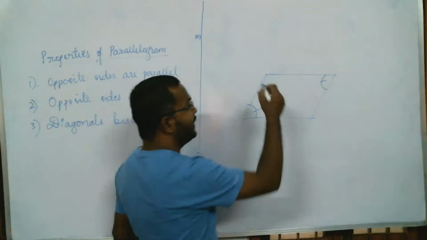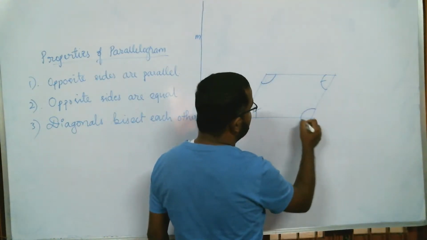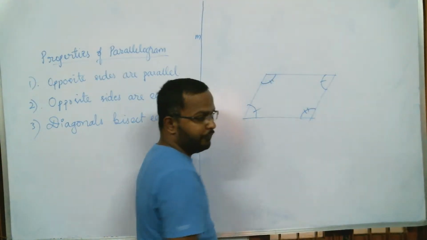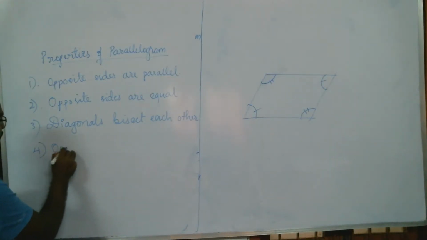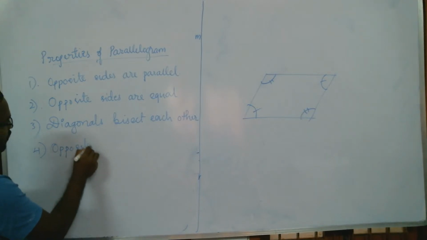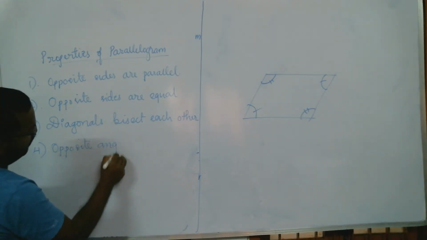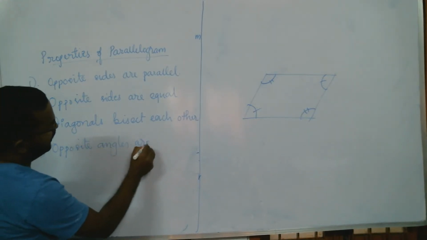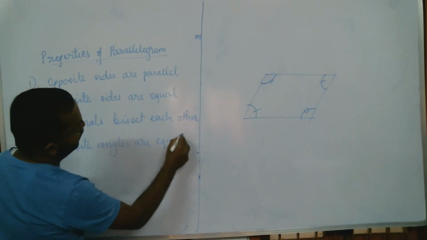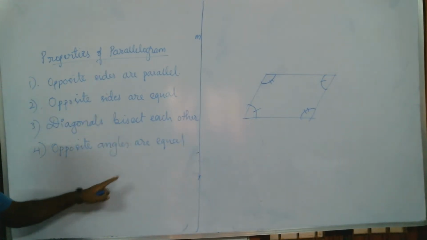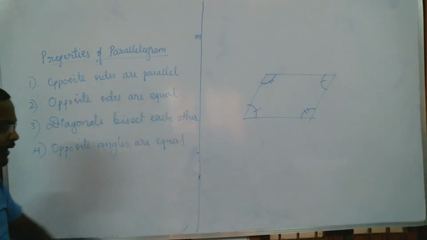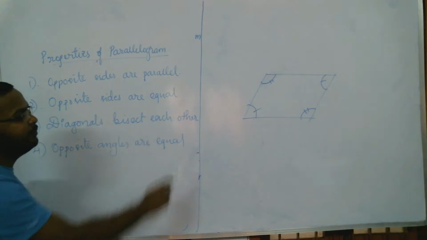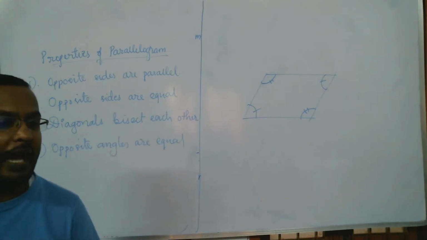Same way, these two opposite angles are equal. Opposite sides are also equal, opposite angles are also equal, and opposite sides are parallel. And one more thing, the diagonals bisect each other in a parallelogram.